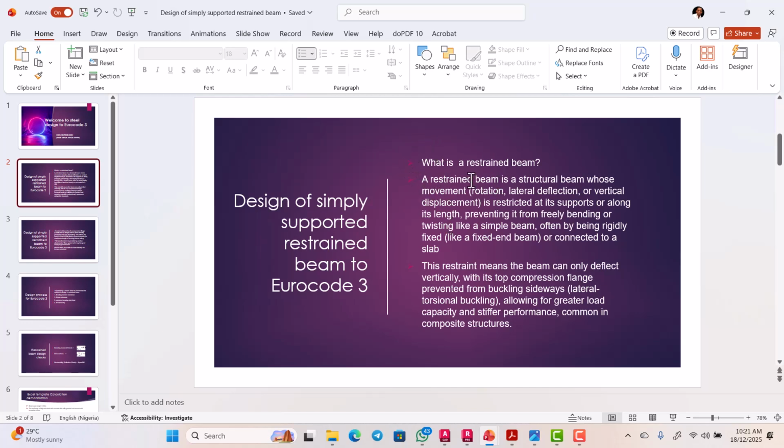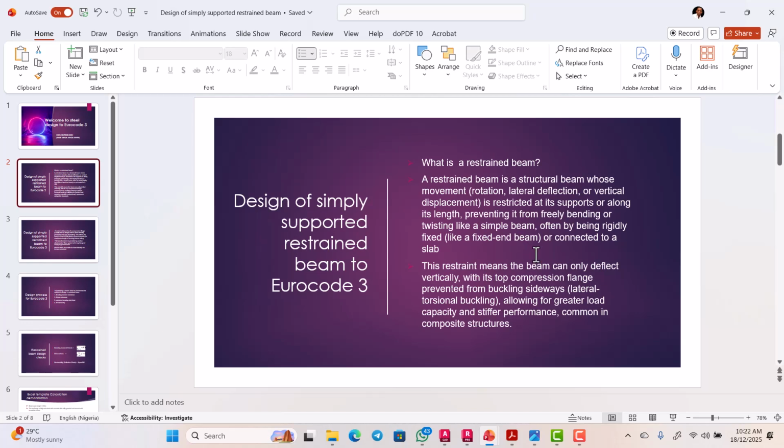So from this simple definition, a restrained beam is a structural beam whose movement, rotation, lateral deflection, or vertical displacement is restricted at its support or along its length, preventing it from freely bending or twisting like a simple beam, either by being rigidly fixed like a fixed end beam or connected to a slab.